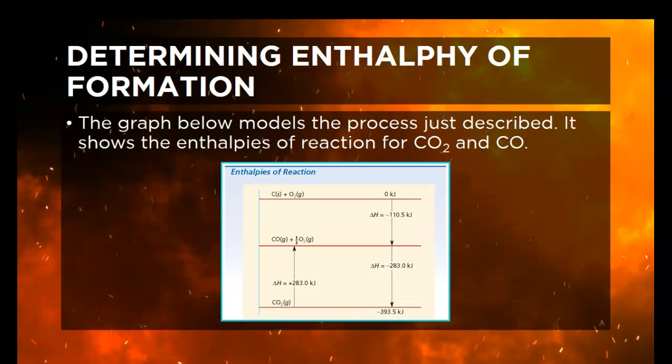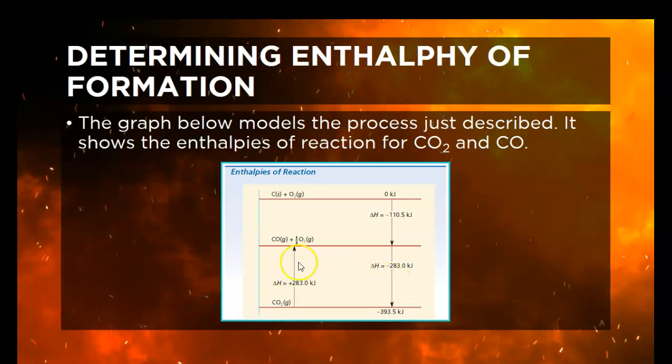So this is what's going on in that process. We see that we have carbon and oxygen. The delta H, the enthalpy change, is reduced down 110.5 kilojoules. Then we have the two reverse reactions that we looked at.